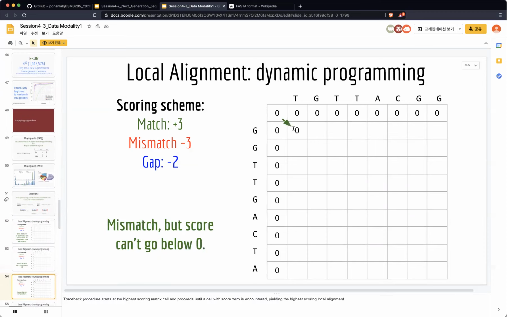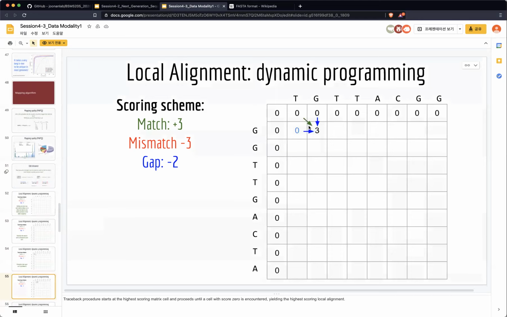Then we're going to the second, the first position. In that case, T and G is a mismatch, but the rule is that we're not going to go below 0, right? So we're not going to give any minus scores in this calculation. So we can just put the 0, right?